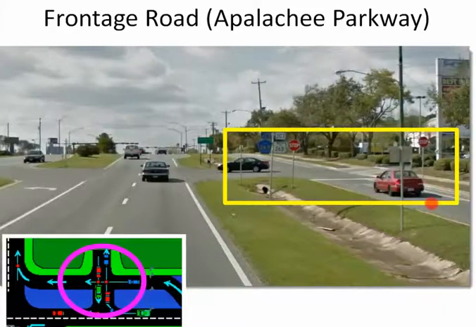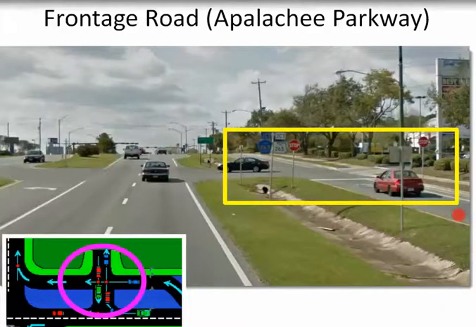All right, this location is here in Tallahassee on Appalachia Parkway, and this is an example of a frontage road that we have. Can you see my arrow? I think I can draw.